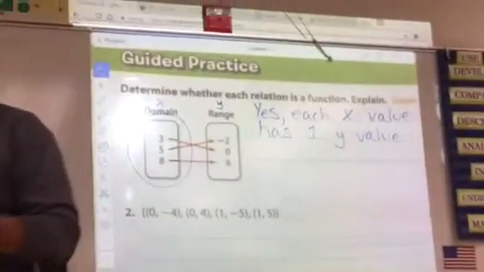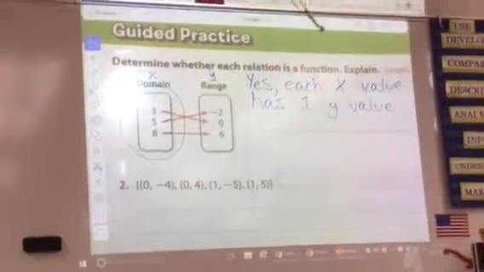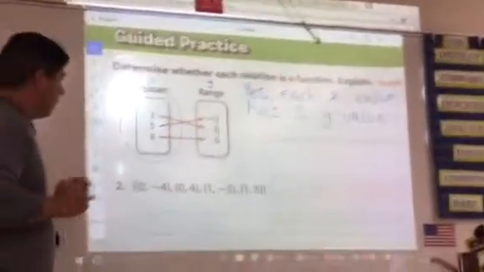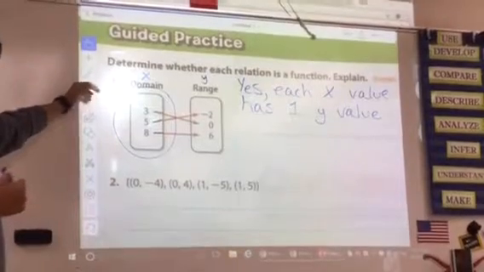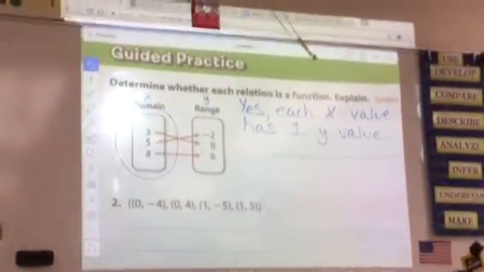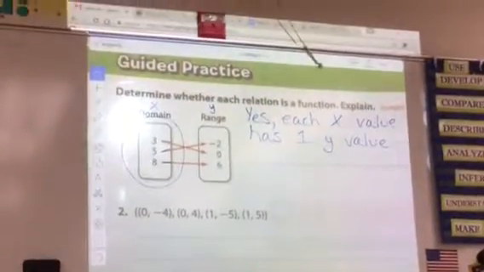Each x value has one y value, so it is a function. Simple, right? Pretty easy. How easy is this to determine if it's a function or not a function? Does everybody have that? Can I move on? We're good?